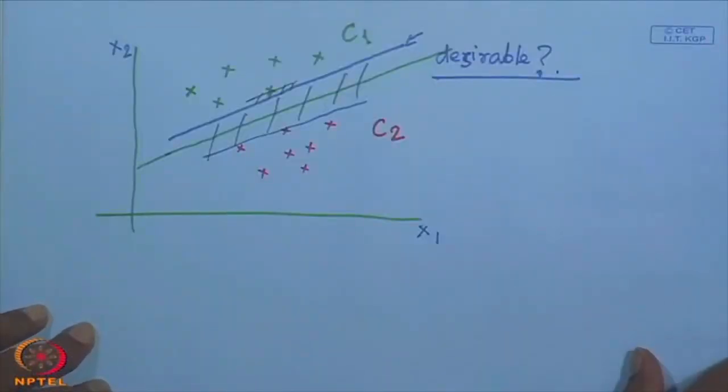So the way the support vector machine tries to design the classifier is that it tries to maximize the distance of the separating boundary between the two classes, by maximizing the distance of the separating plane from each of the feature vectors, whether the feature vector belongs to class C1 or class C2. When I talk about the support vectors, I will come to that point a bit later.